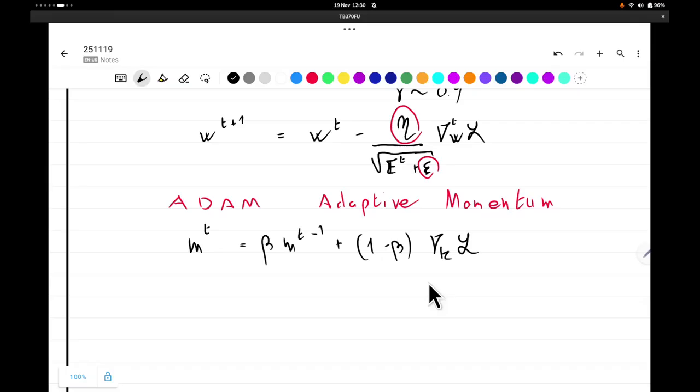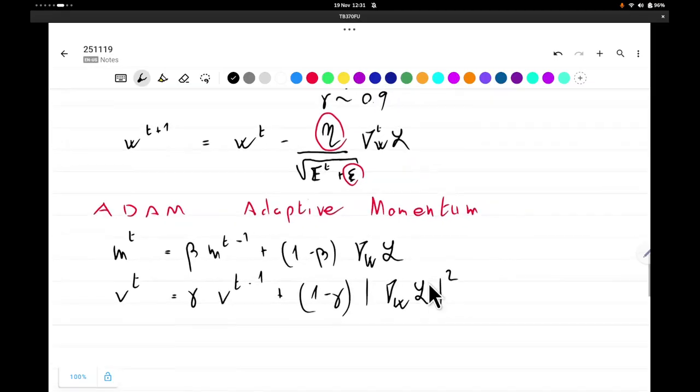And then we have the part on the mean square. So gamma, we use always the same notation, v at t minus 1 plus 1 minus gamma times the gradient of w square.